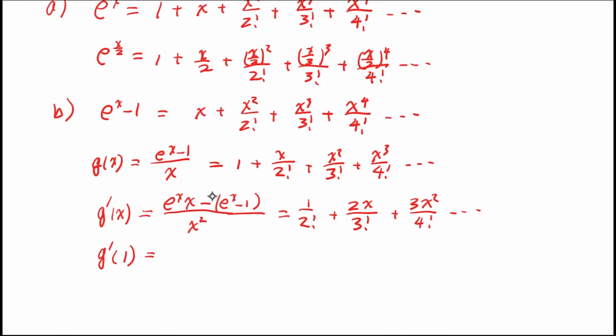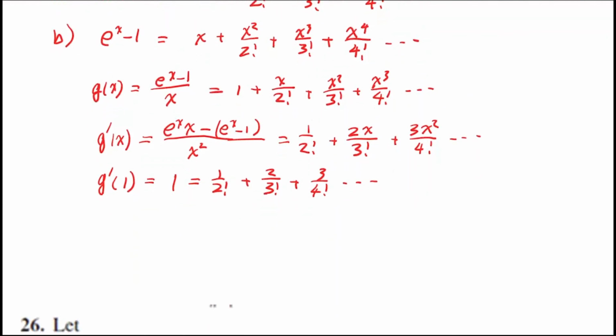So this e to the x cancels, so you have 1 over 1, so it's 1. And let's look at the other side, shall we? So we have 1 over 2 factorial plus 2 over 3 factorial plus 3 over 4 factorial. Do you see the pattern? Let's put it into sigma notation.